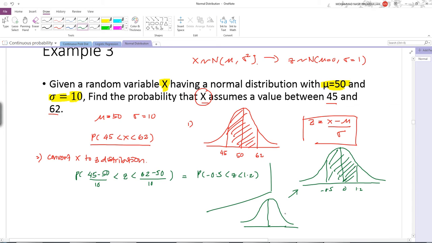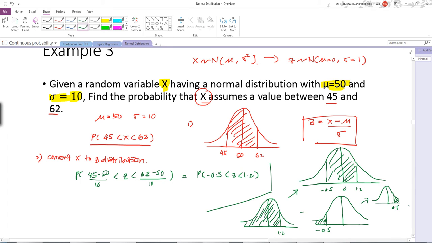So, we will find 1.2 area to the left, right, minus negative 0.5 to the left. Negative 0.5. So this area is also equal to area on the right, sama kan?